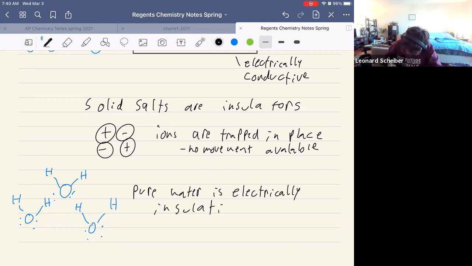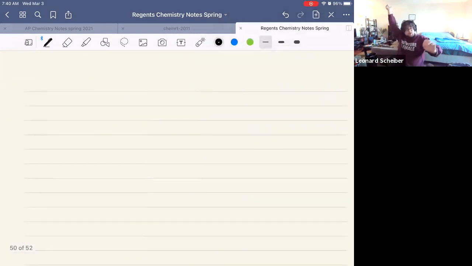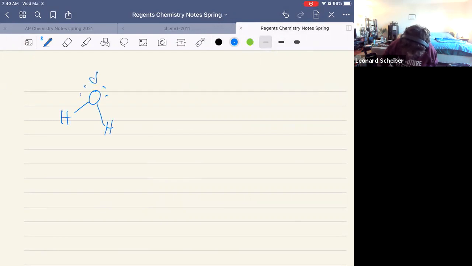Something really cool happens when we dissolve salt in water. What I'm going to do is redraw my water molecule, two water molecules, and put in their partial charges. So we'll have the oxygen and the hydrogen. That's going to be a partial negative, partial positive, partial positive.